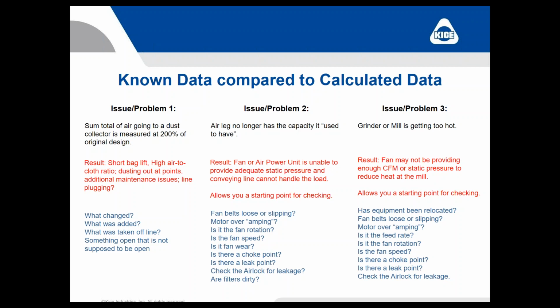Well, you measure the air in problem number 1, and you've got the total air instead of 2425. You measure the air at 4500 CFM. Well, now Lonnie calculated it for 2425 at 14 inches, but somehow I'm getting 4500 CFM.